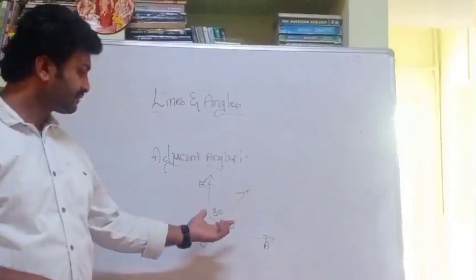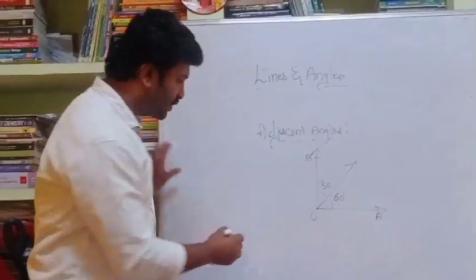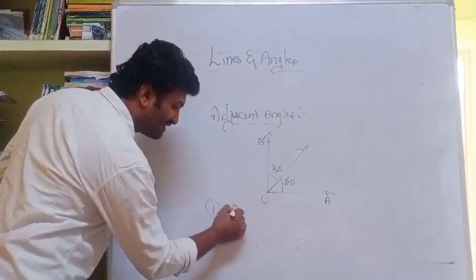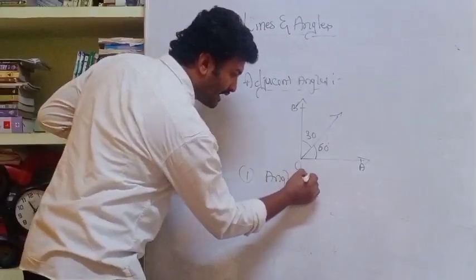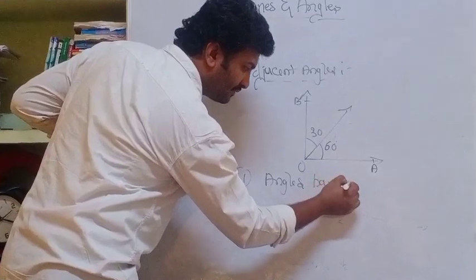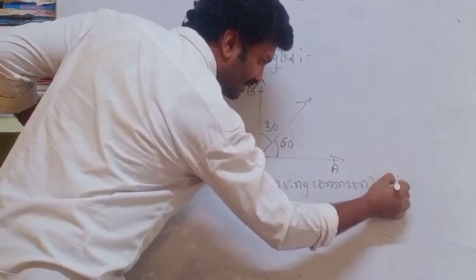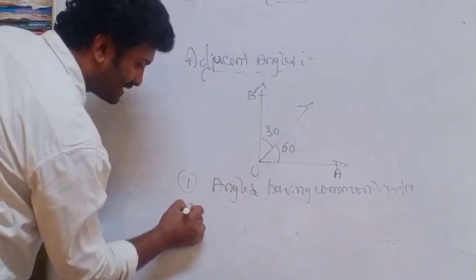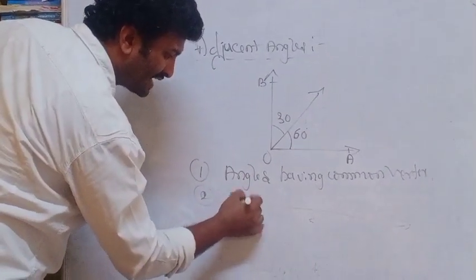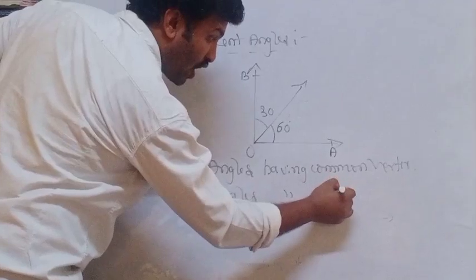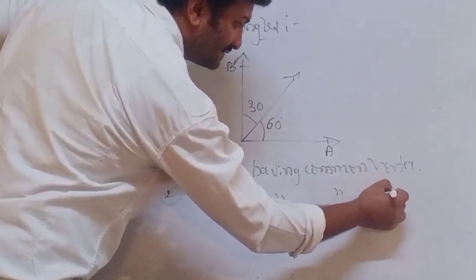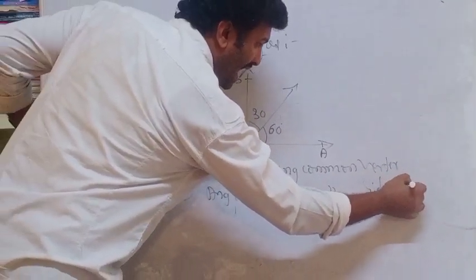And one more point: angles having a common vertex. Second, angles having a common side or arm.